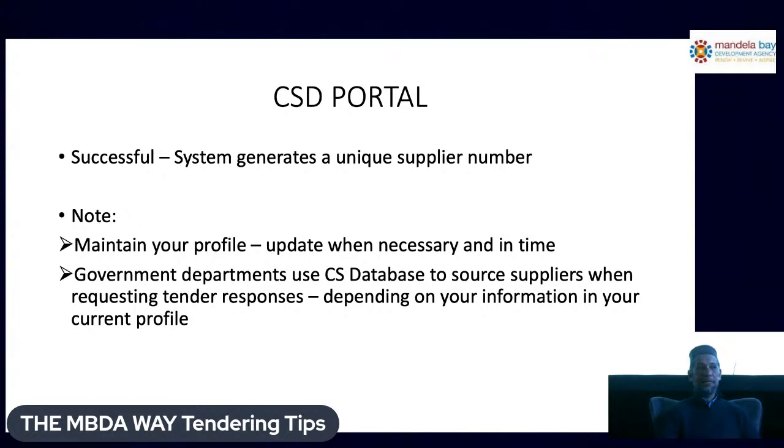Just keep in mind that certain government institutions use the CSD to request quotations from specific suppliers within specific areas. If you are an owner of conferencing centers and there needs to be a national program, they can actually hone in on the CSD and find out all the suppliers that are registered on there.